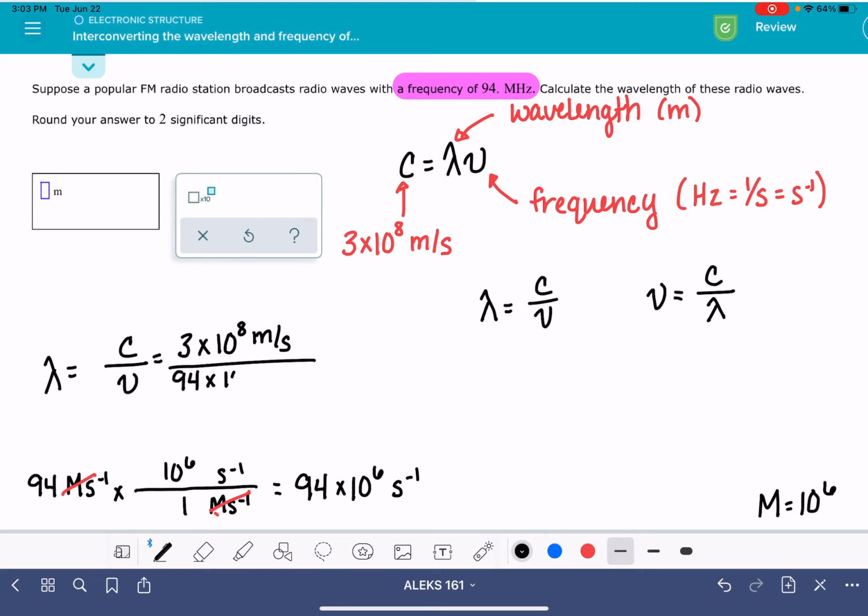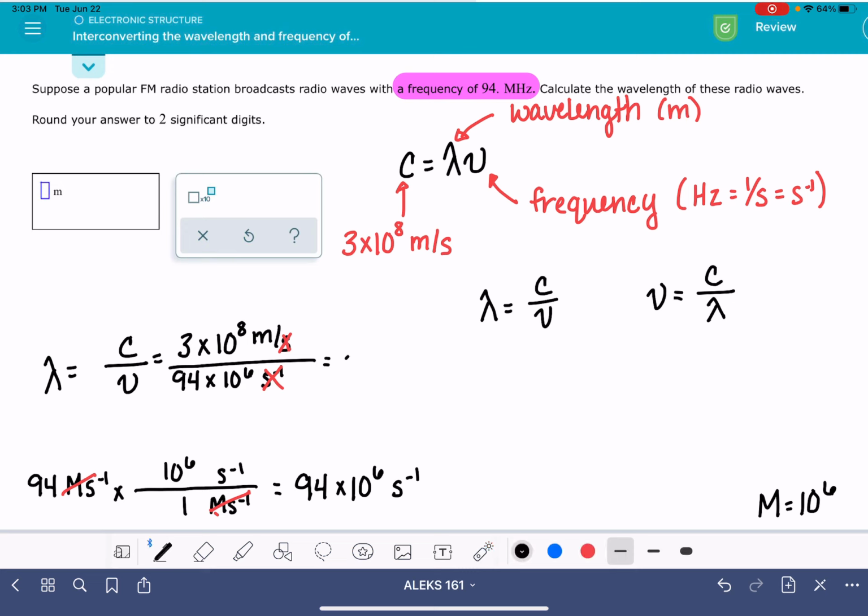So I'm going to plug this form of the frequency into this equation, and this is way better because that way my 1 over seconds unit will cancel, and when I do the math, I'm going to be left with units of meters, which is exactly what ALEKS wants. So now we can go ahead and actually do this division: 3 times 10 to the 8th divided by 94 times 10 to the 6th.